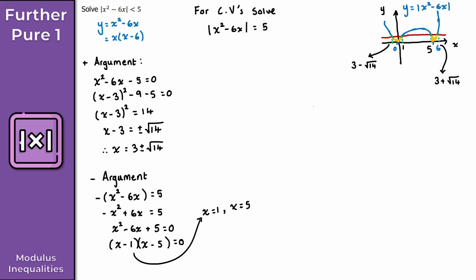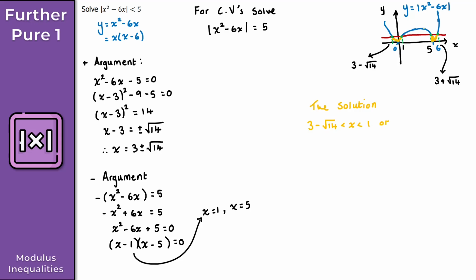So the solution then is as follows. As we just said, between these 2 points, this point here is 3 minus root 14. Obviously, this is a strict inequality here, and we're solving for x, right? So x is between 3 minus root 14 and 1 then. Once we go past 1, we are greater than.